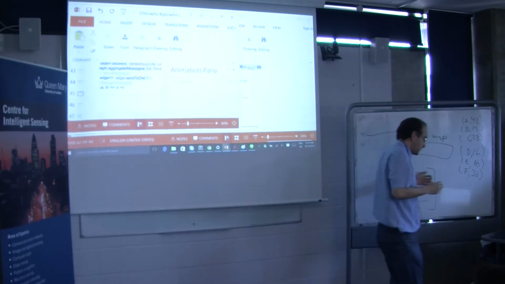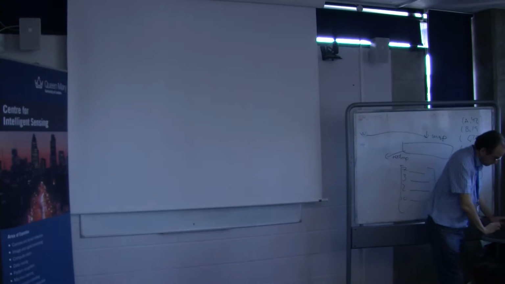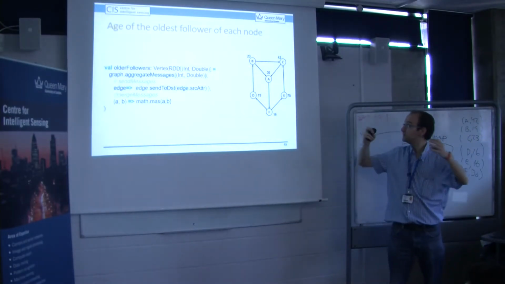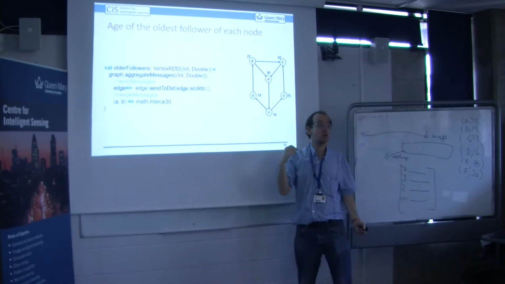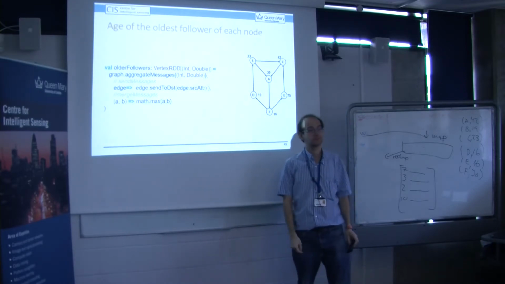So, depending on the type of operation that we want to do, this can be useful for aggregating and computing still only local information, because we can only go 1 hop away. Okay?